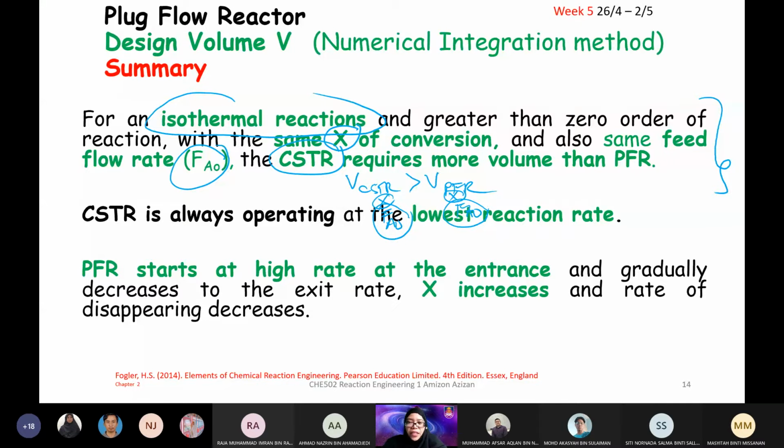So if your boss asks you which reactor you would choose, CSTR or PFR, if you were to achieve the same X with the same FA naught, if you have two reactors in your chemical plant and you may choose whether CSTR or plug flow, which one would you choose?